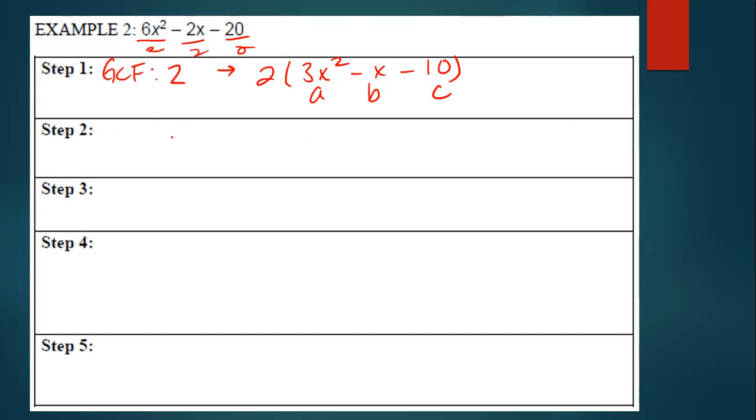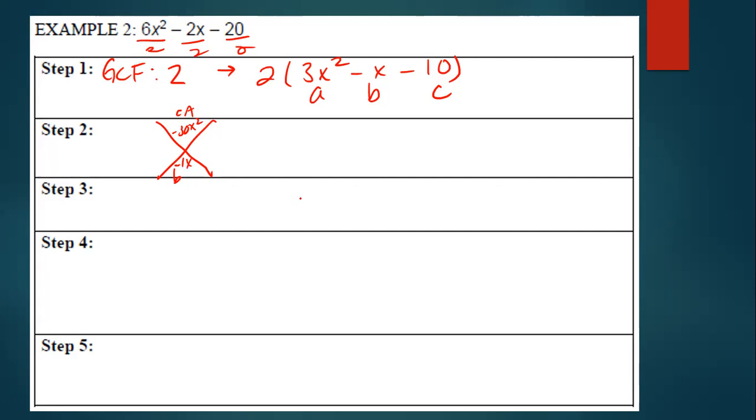Then step 2 is finding what multiplies to give you A times C, and what adds to give you B. What is your B? Negative x, negative 1x.